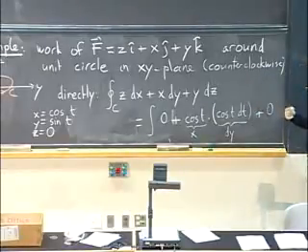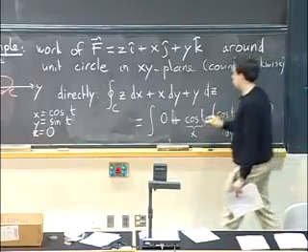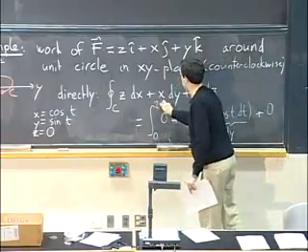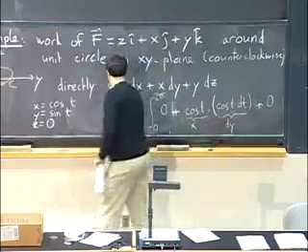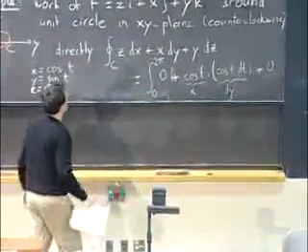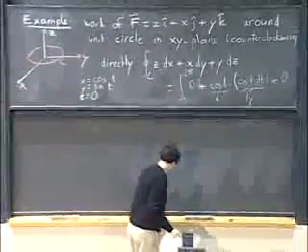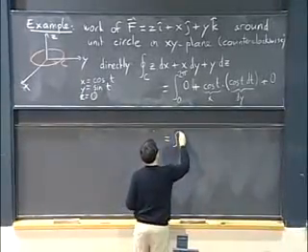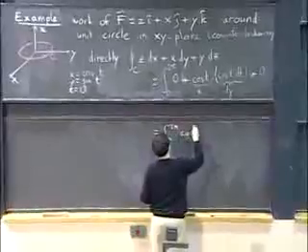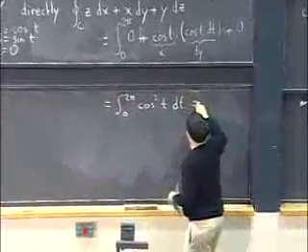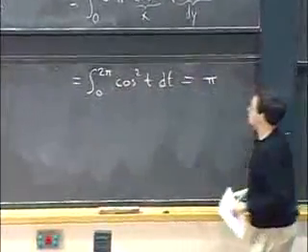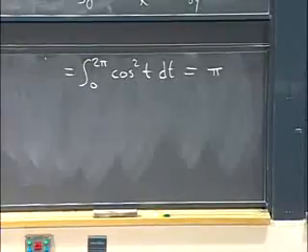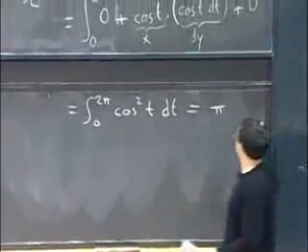Now the range of values for t: we're going counterclockwise around the entire circle, so that should go from 0 to 2 pi. So we'll get the integral from 0 to 2 pi of cosine squared t dt, which, if you do the calculation, turns out to be just pi. Okay?